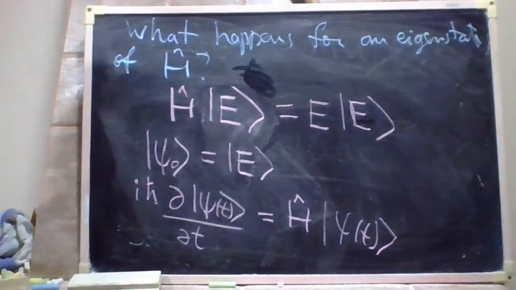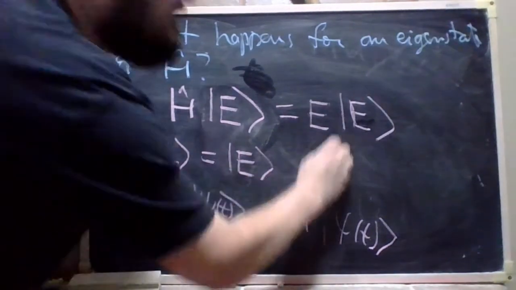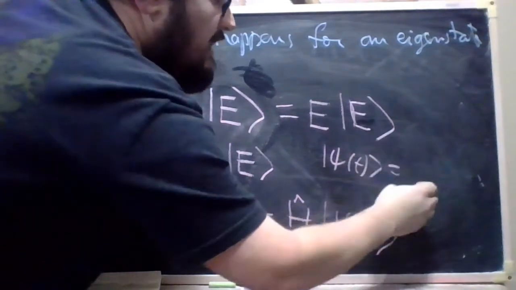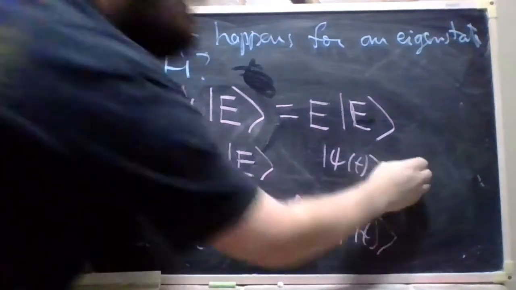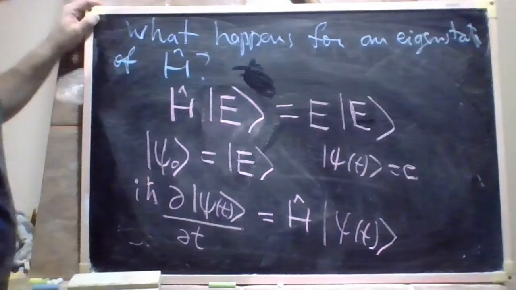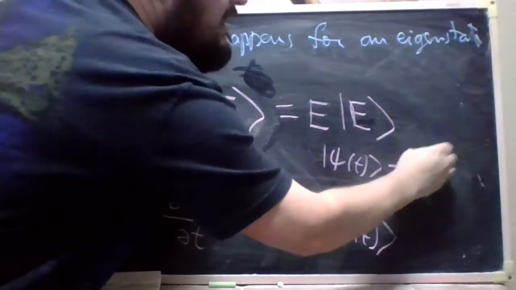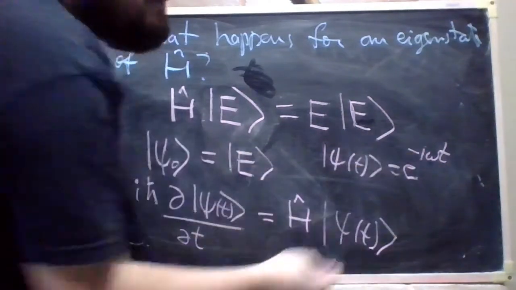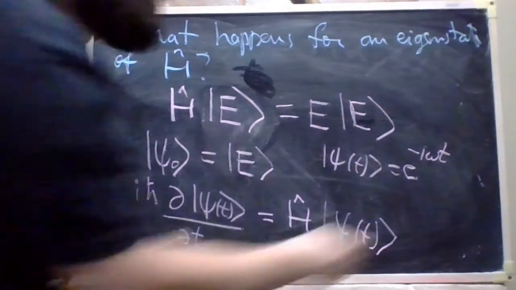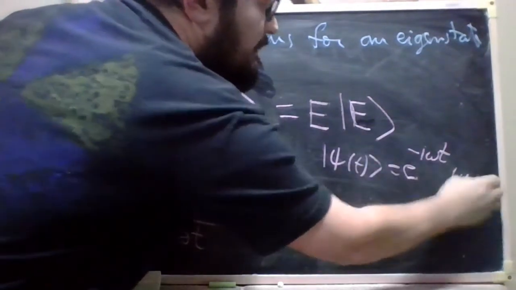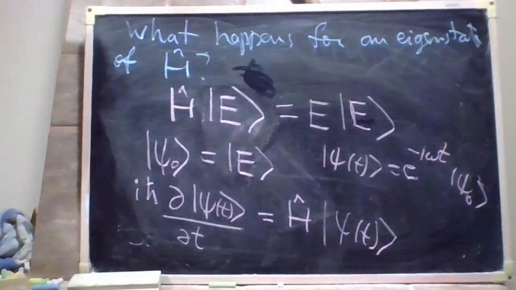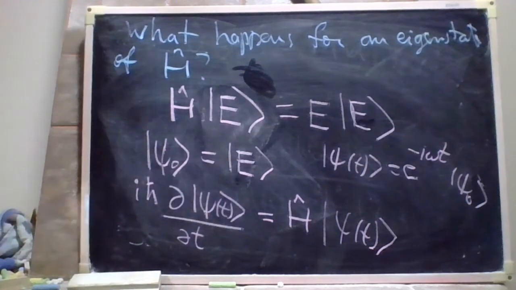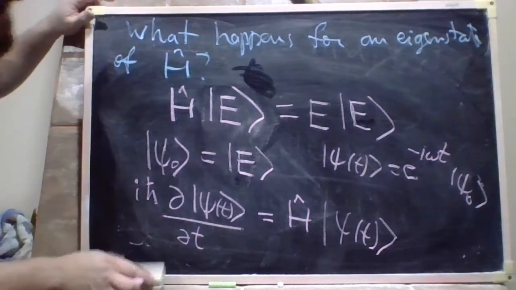all right? And this psi of t can be written as a phase, say, exponential of minus i omega t, which is just the energy divided by h bar, as we will see right now, multiplying the eigenvector, which is an eigenstate of the Hamiltonian. So notice what happens.